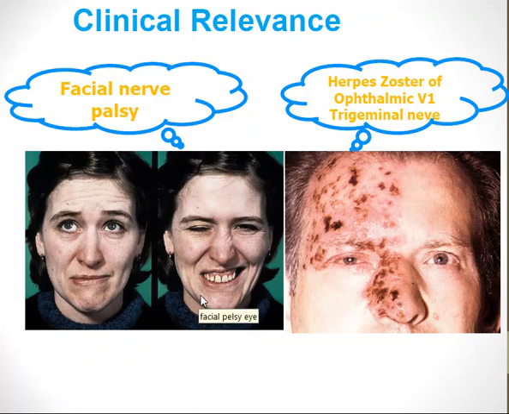So when the person tries to express himself, for example anger, happiness or weariness, the contraction of the muscles of the face will pull the face to the normal side. This is the normal side here, where the muscles act normally by the presence of the facial nerve on the left side, while the right side is paralyzed. They are weak muscles and atrophied, so the face will be deviated to the normal side.